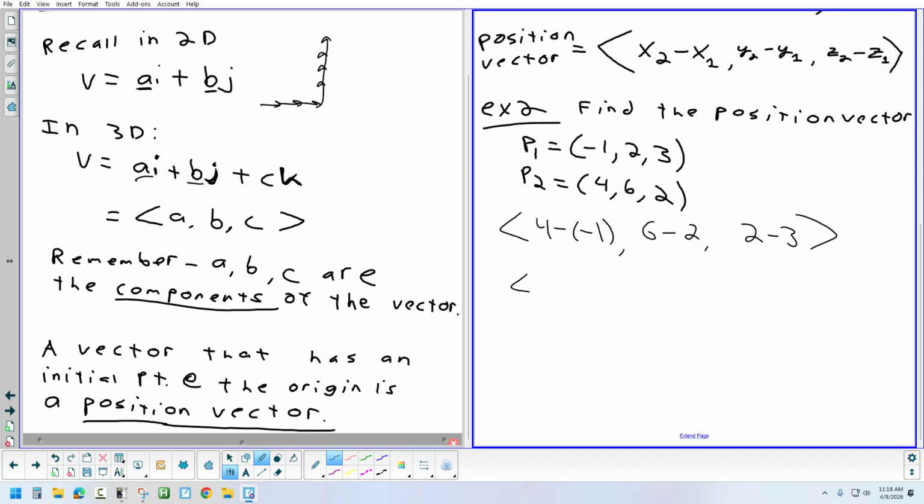Okay, so we simplify that. If we want to write it in that notation, we get 5, 4, -1. And how would we write that in unit vector notation?